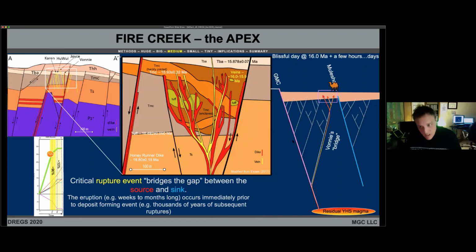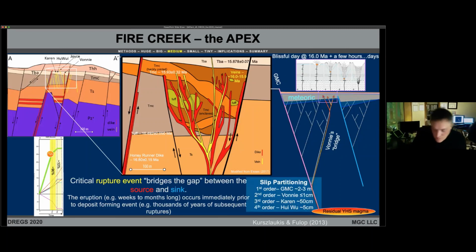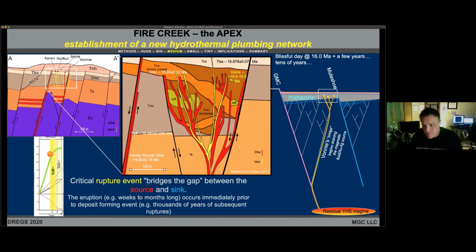And one can argue that one of these critical events bridged this gap, both figuratively and geologically, between the surface environment and some mid to upper crustal magma chamber, allowing the incursion of magma up here to feed this volcanic event, as well as interaction with that meteoric water table to cause a phreatomagmatic eruption and subsequent hydrothermal fluids coming up the same structural pathway to form the deposit.